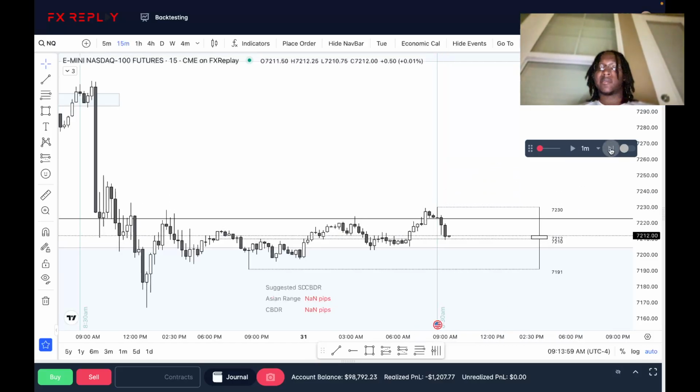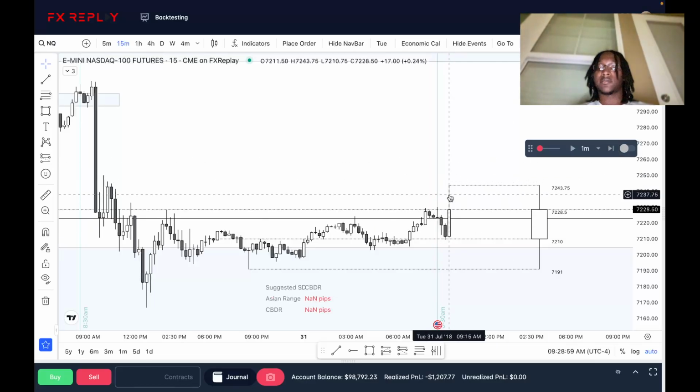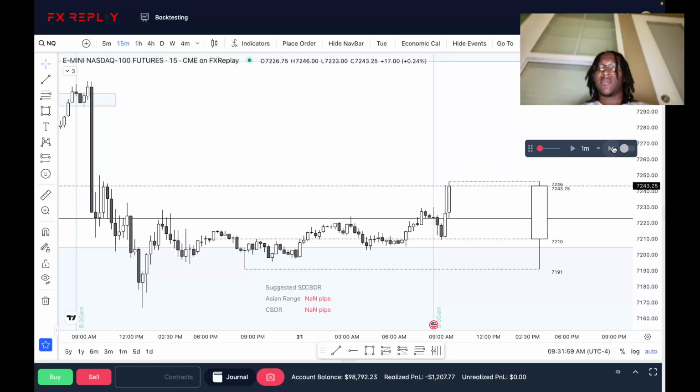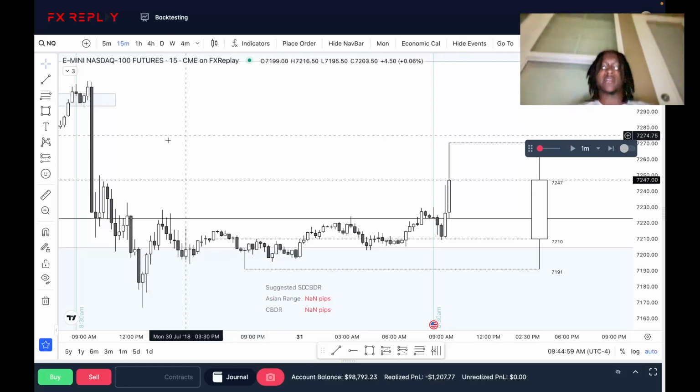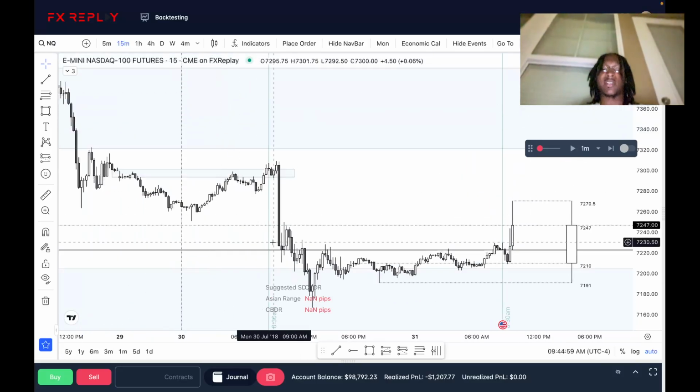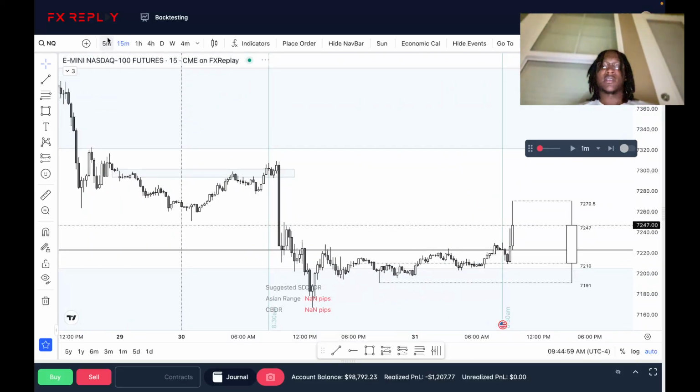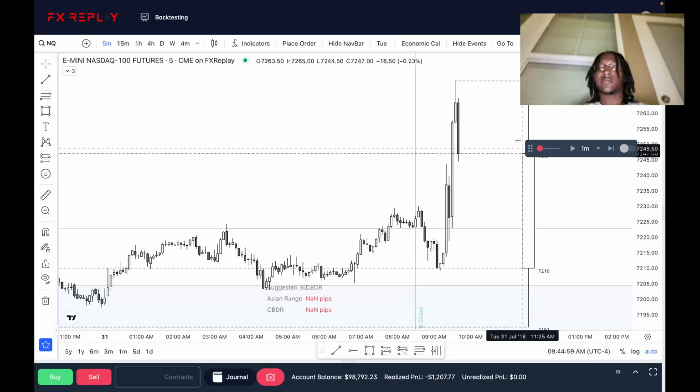It's 9:01. 9:15. Nope. 9:30. Running up into that fair value gap up there. This is the fair value gap here. We can resist that and trade lower potentially for it to get the lows and trend on liquidity.